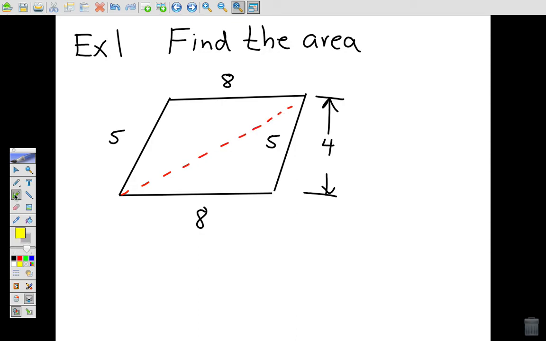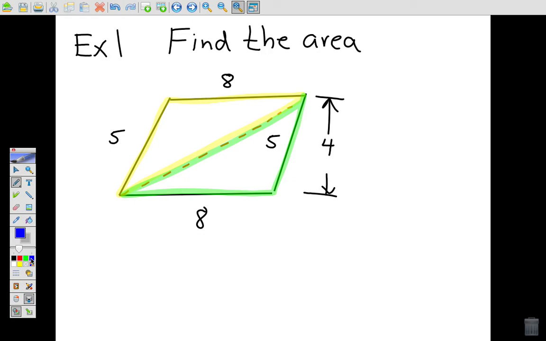For example, I'm going to outline these. What I have outlined in yellow is one triangle, and then I'll outline the other one in green. So I have two triangles that were created when I split this parallelogram into two parts. I could have drawn that dotted line from the other corner to corner and split it that way. It doesn't matter.